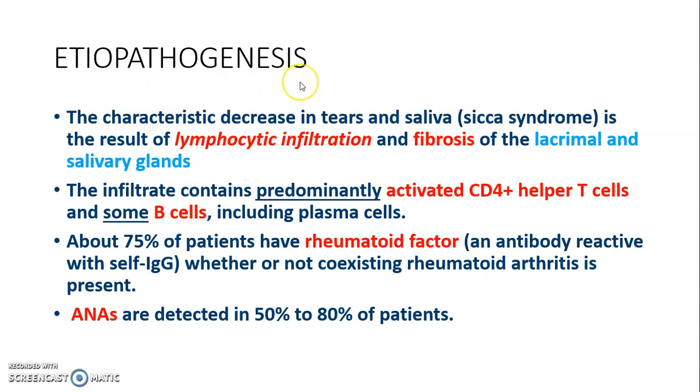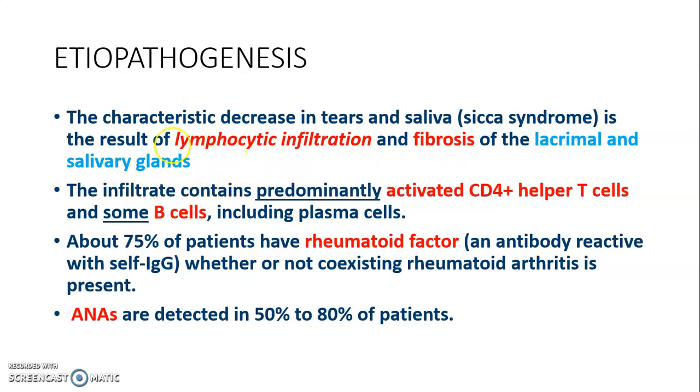Now coming to the etiopathogenesis of the disease. There is a characteristic decrease in tears and saliva, that is sicca syndrome, and it results from lymphocytic infiltration and then fibrosis of the lacrimal and salivary glands.